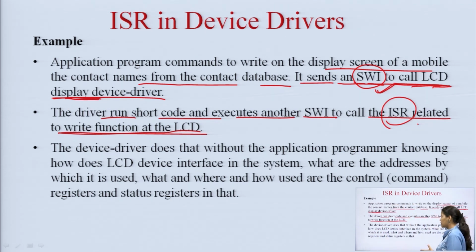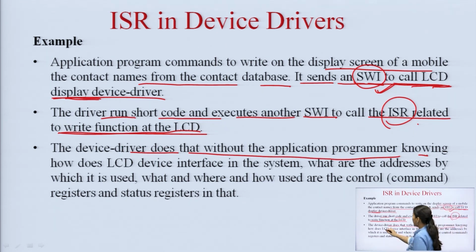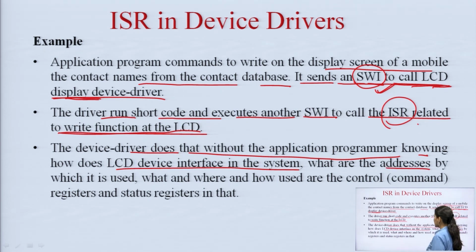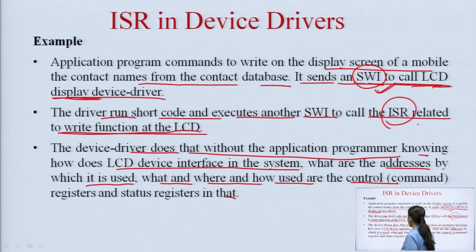The device drivers do that without the application programmer knowing how the LCD device interfaces in the system, what the addresses are by which it is used, and where and how the control registers and status registers are used.